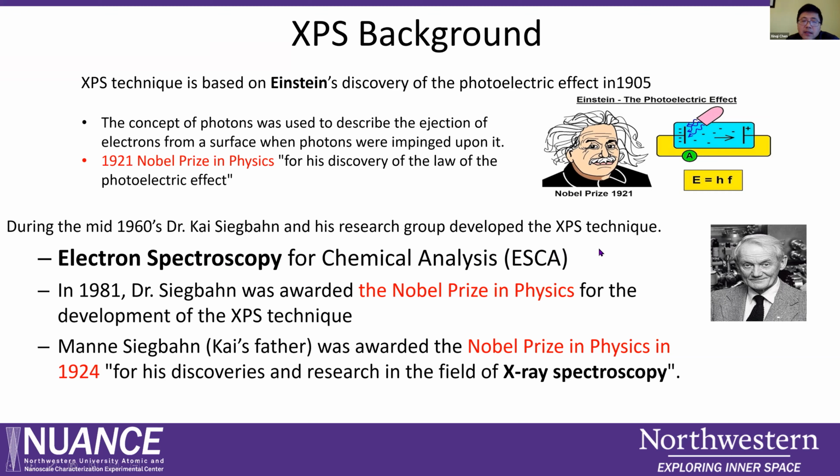So Professor Siegbahn first developed this technique. In Europe they still call this ESCA, so that's why our instrument is called ESCA Lab. That is electron spectroscopy for chemical analysis. There are different names, but now more and more people just call it XPS.